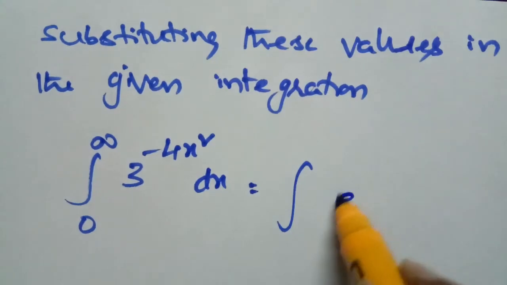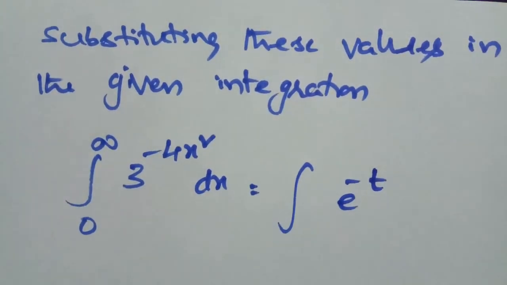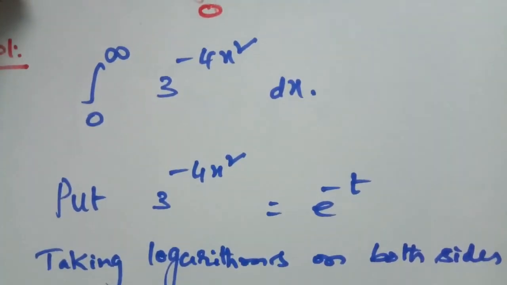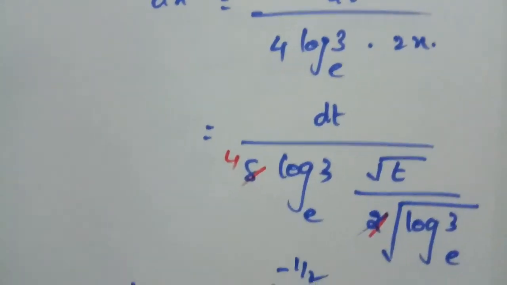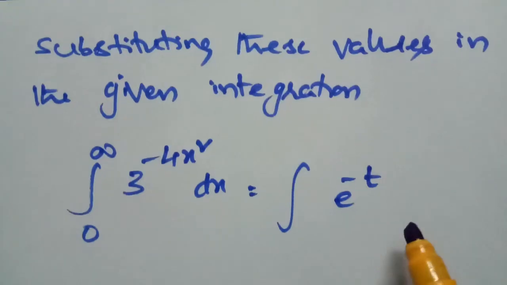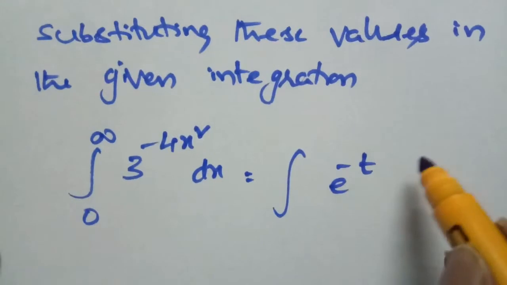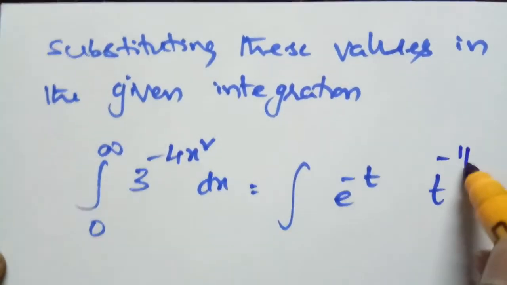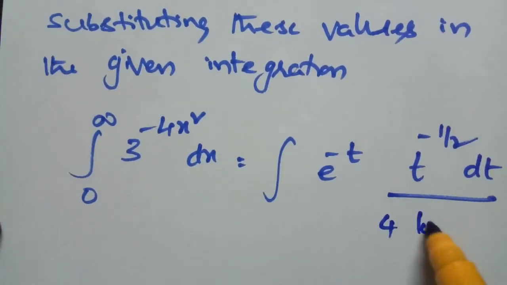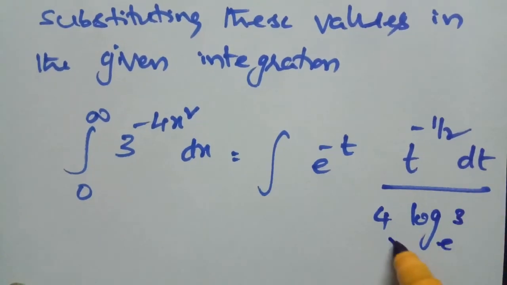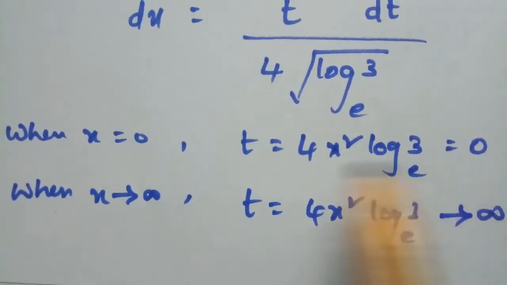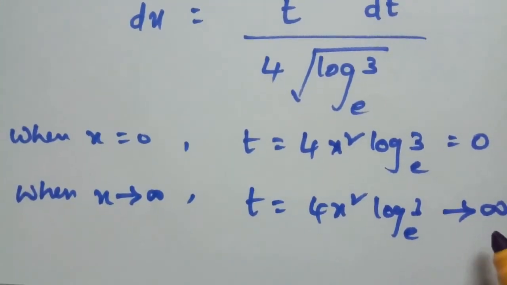We assumed that 3 to the power of minus 4x square is equal to e to the power of minus t. dx is equal to t to the power of minus 1 by 2 dt by 4 into square root of log 3 base e, and also the limits: 0 becomes 0, infinity becomes infinity.